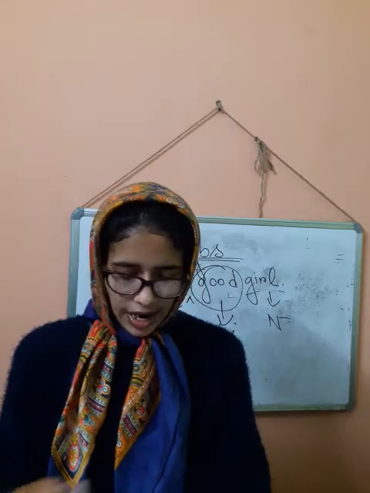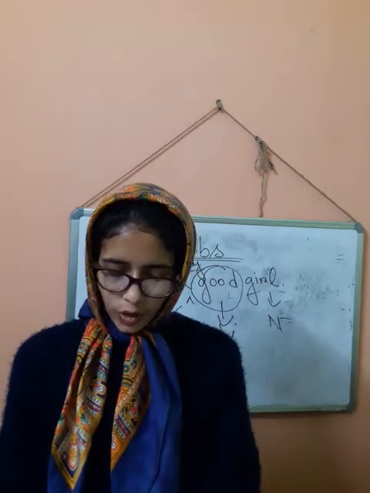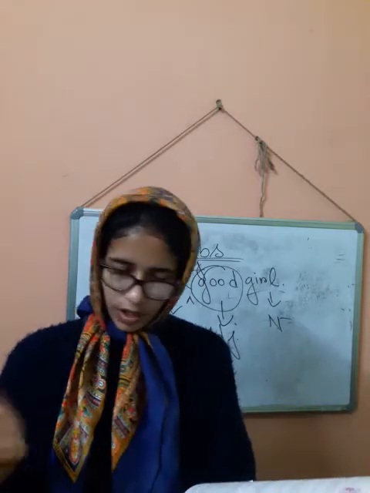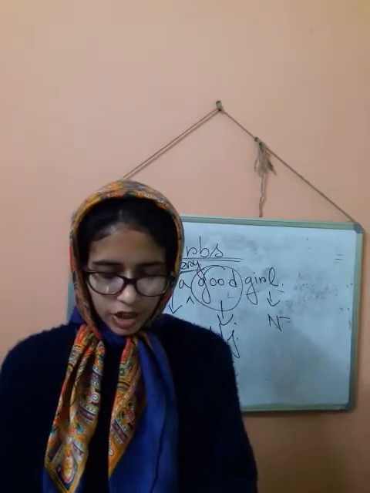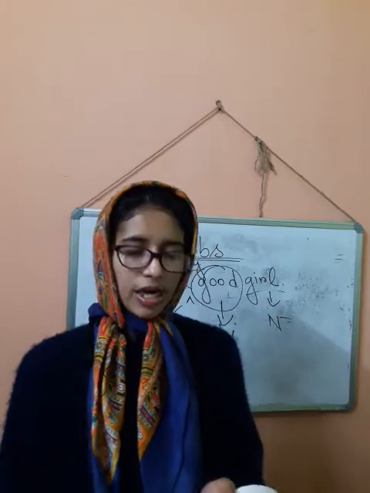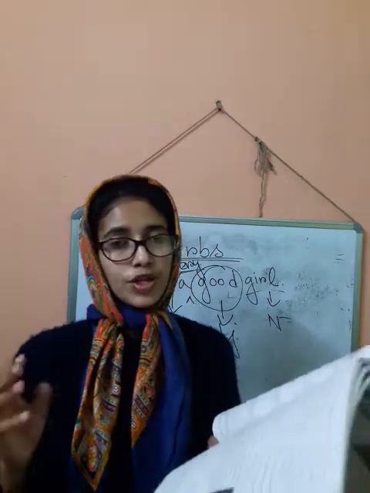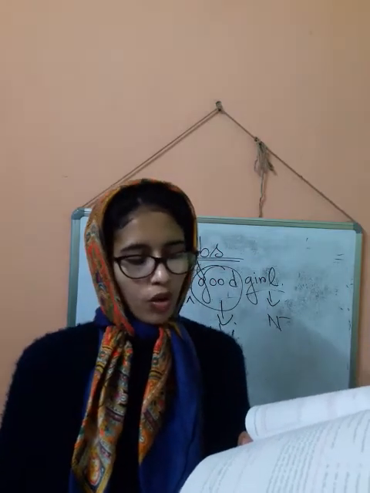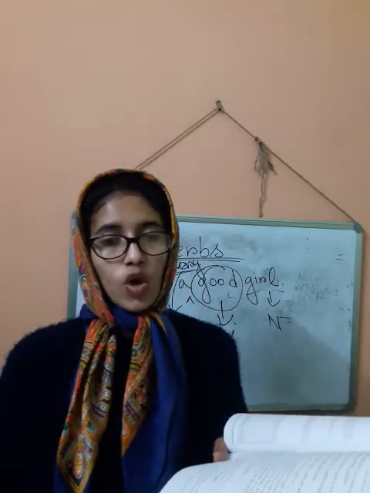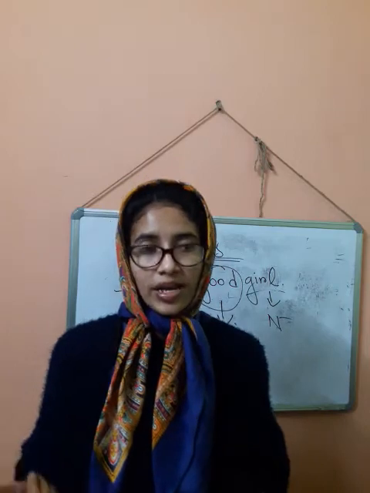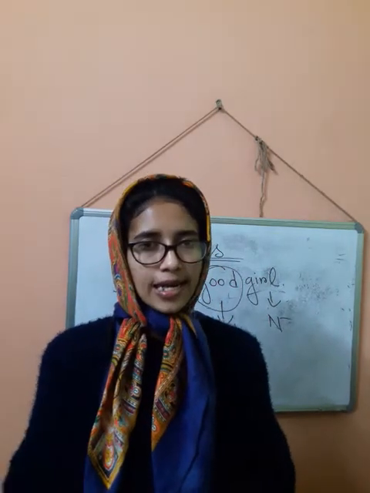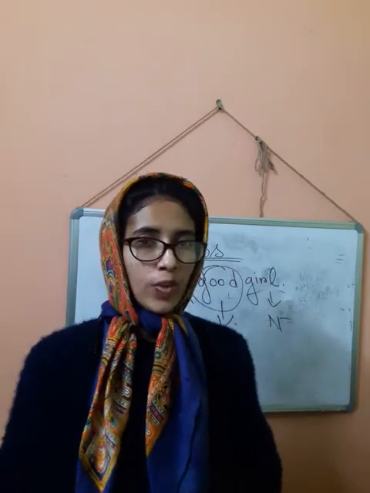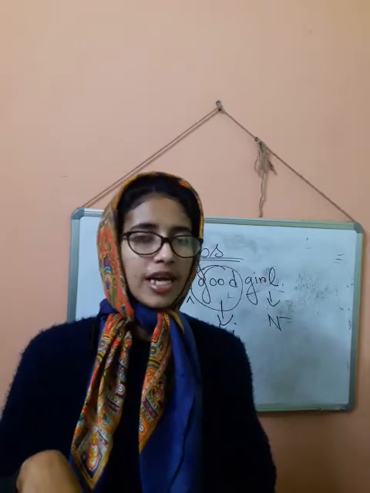Now, adjectives and adverbs. I have already told you the difference at the very beginning of the chapter. And see here, the same word has been used in two sentences. In the first sentence, we should go for a walk daily. We should go for a walk when, how frequently? Daily. Adverb of frequency. After daily, you cannot see any noun or pronoun.